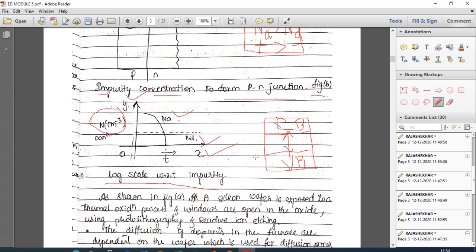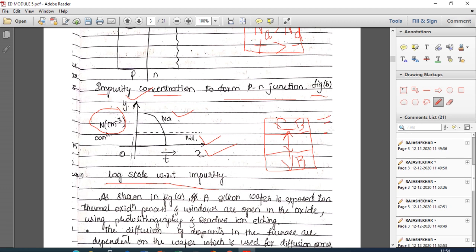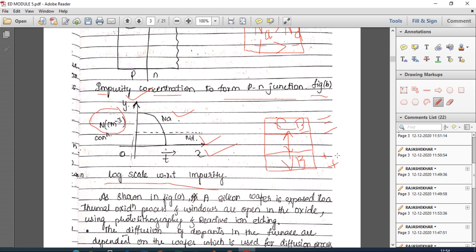I hope you guys remember, we already discussed this. In the conduction band, the majority charge carriers are electrons. In the valence band, the majority are holes. In some terms it is a mix of holes and electrons. So here the acceptor which is shown is always shown in the conduction band.